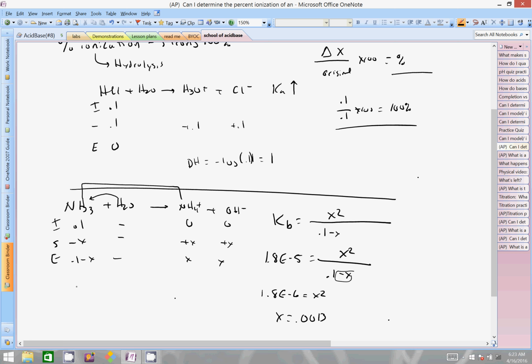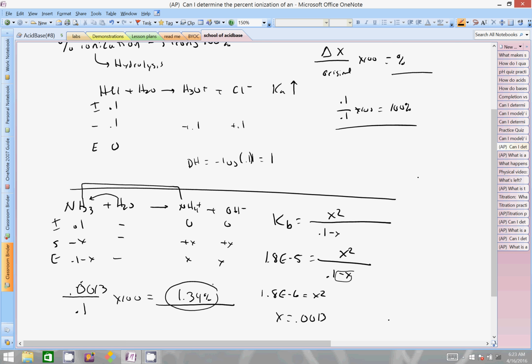That means I have, of my 0.1, 0.0013 times 100 is the amount that ionizes, divided by the original 0.1 times 100, which means it is going to be 1.34%.